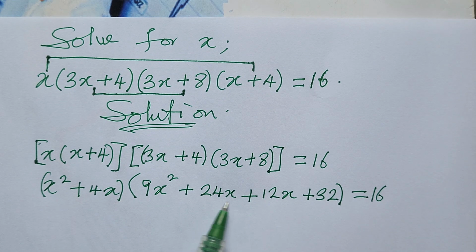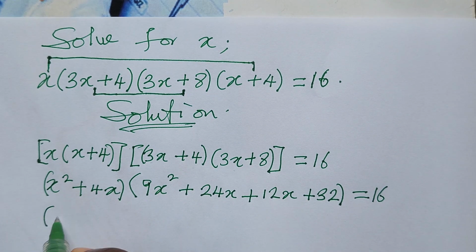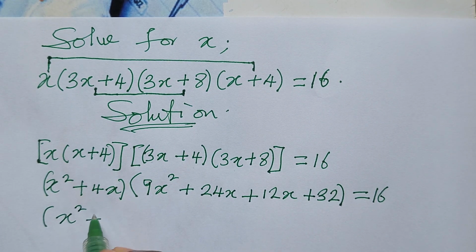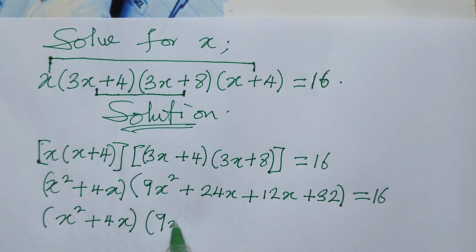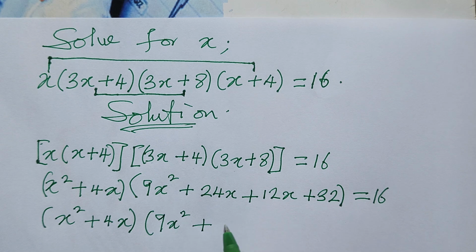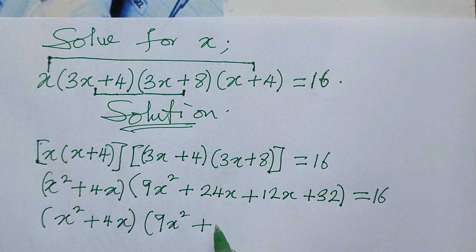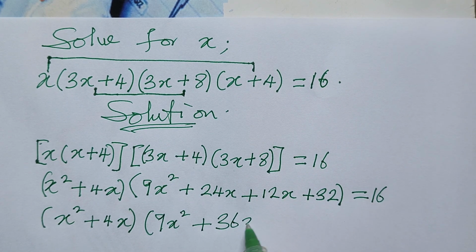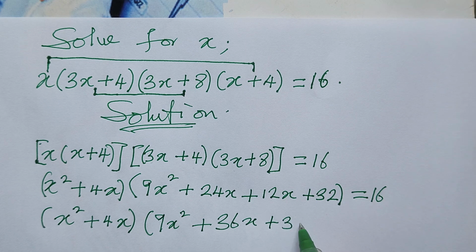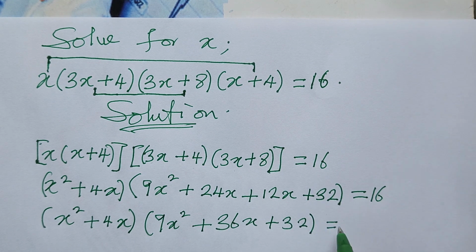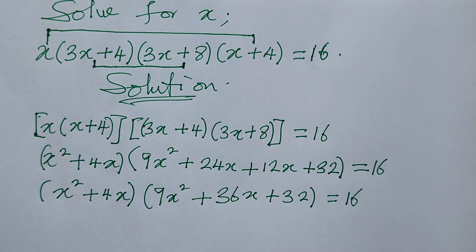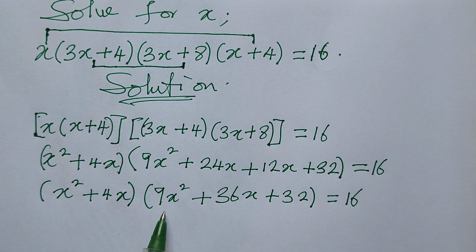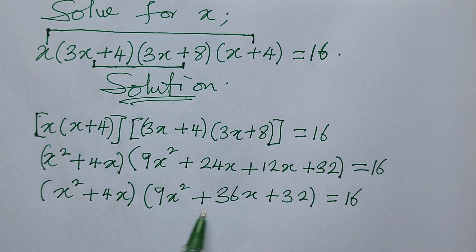So we can add these two together. It will give us (x² + 4x)(9x² + 36x + 32) equals 16. At this point, you discover that there's a relationship between this and that.